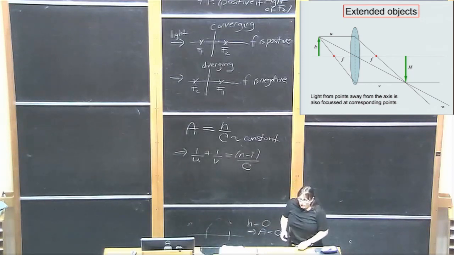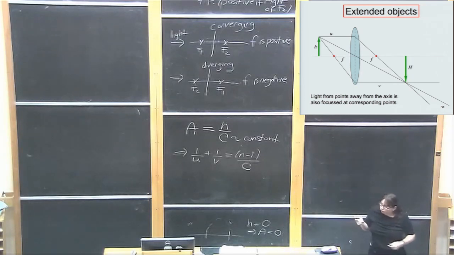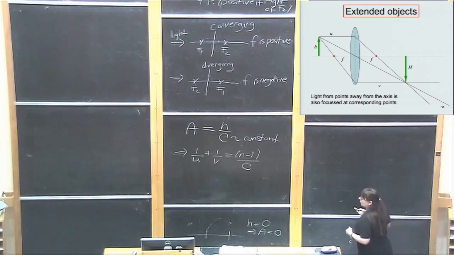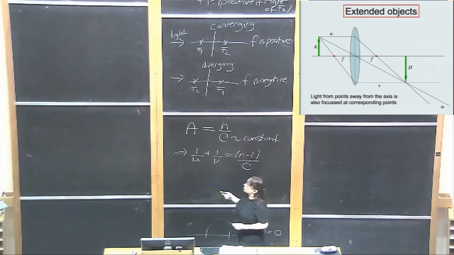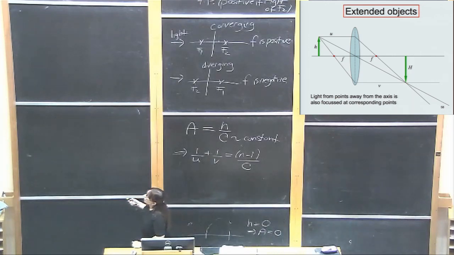Okay, so, method of ray tracing. So what do we know so far? Well, it's off the board now, but some of what I wrote on the board earlier is going to be useful for this. So let's take the first easy to understand ray. That's the one that just goes straight through the middle of the lens.